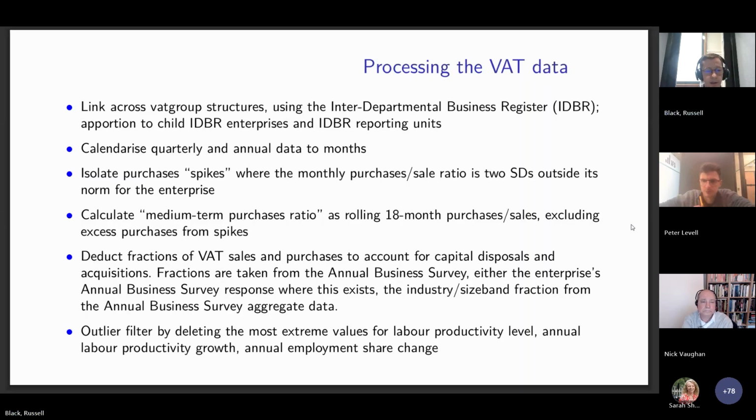And secondly, the turnover data or the monthly and quarterly purchases will only be used to estimate a medium-term purchases ratio.